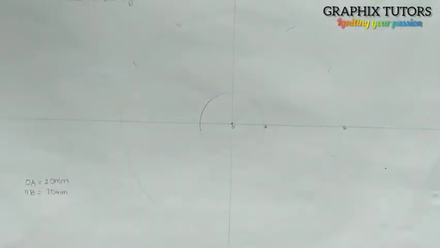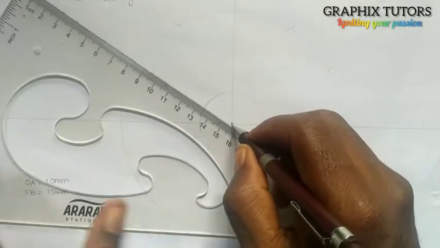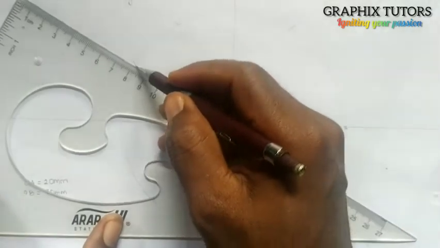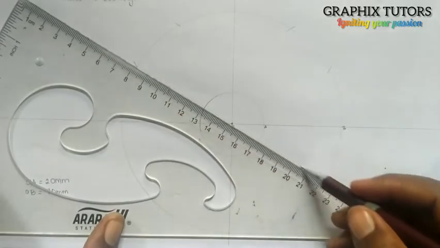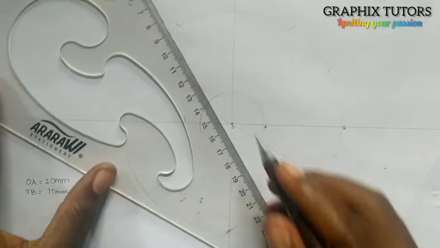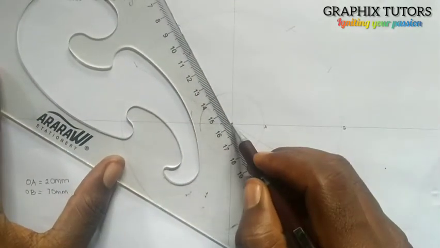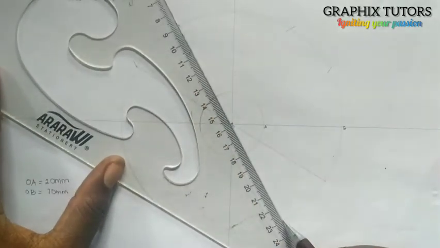Now I'm going to channel everything through the center. From this point, through the center, this way, I'll stop. Can you see that? From the next one through the center, I'll stop.